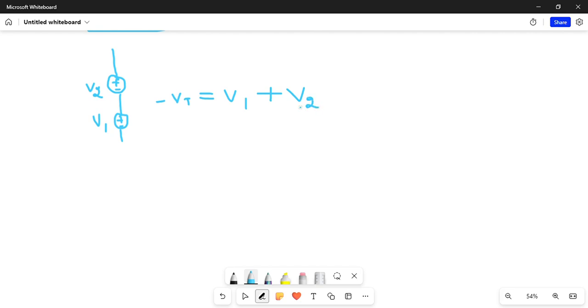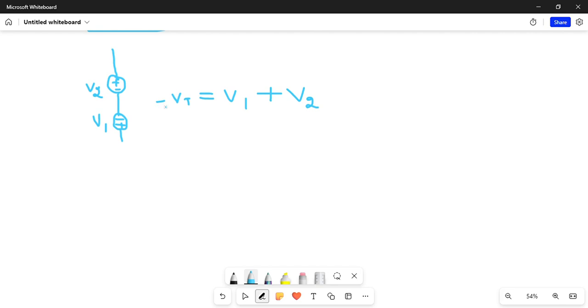Say for example, if you have a different polarity, in the sense negative and positive over here, what are you going to get?